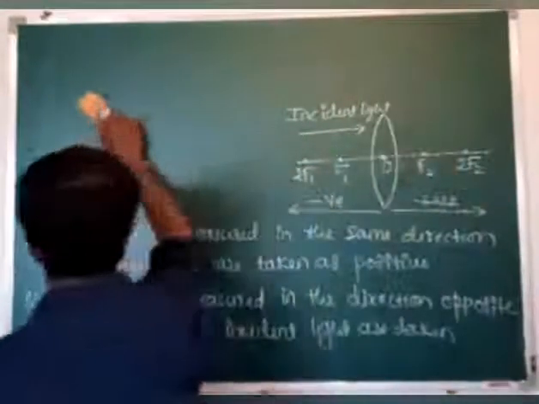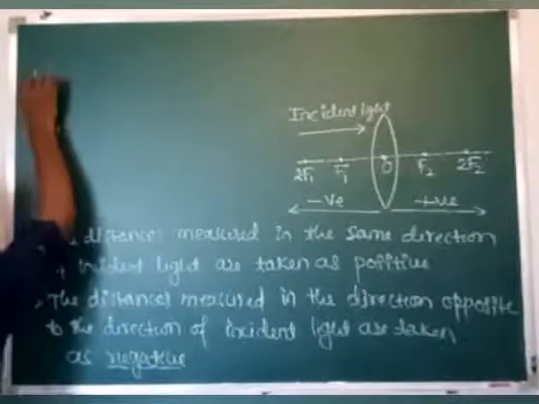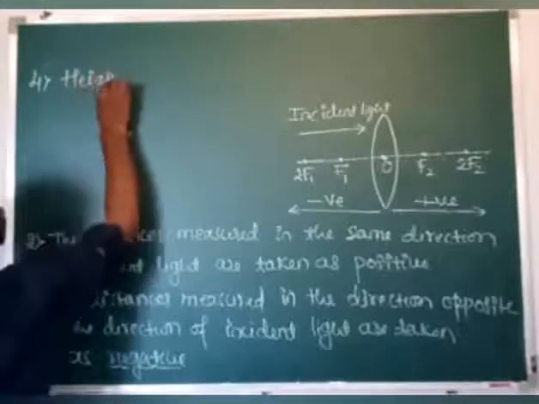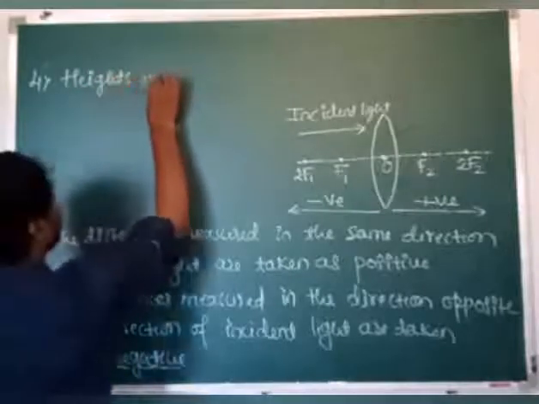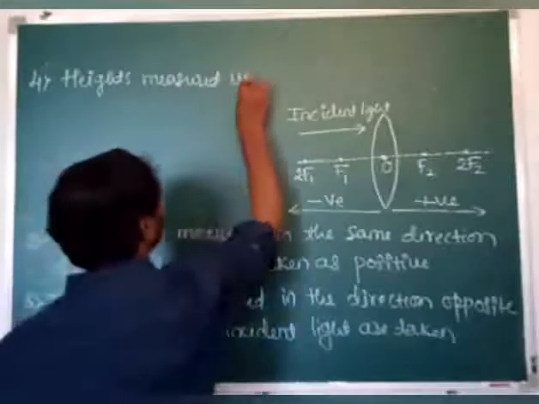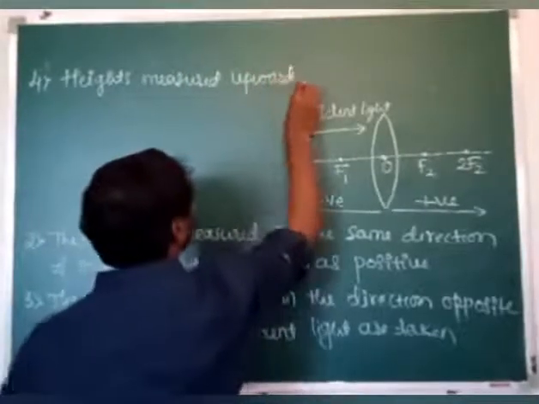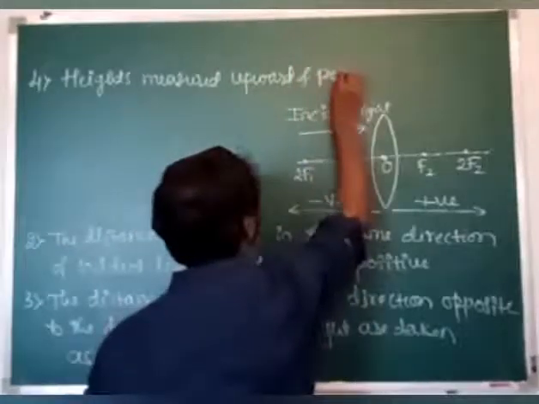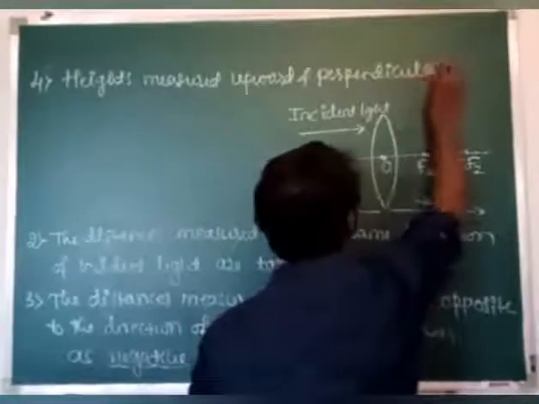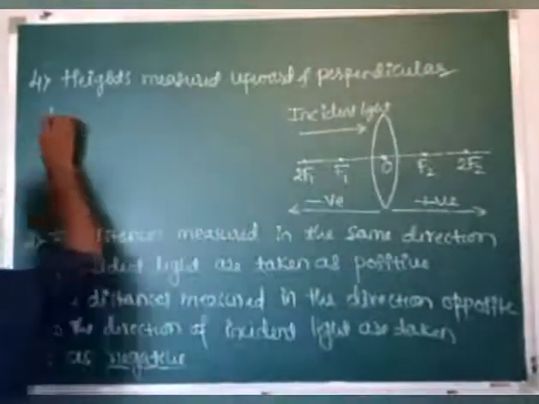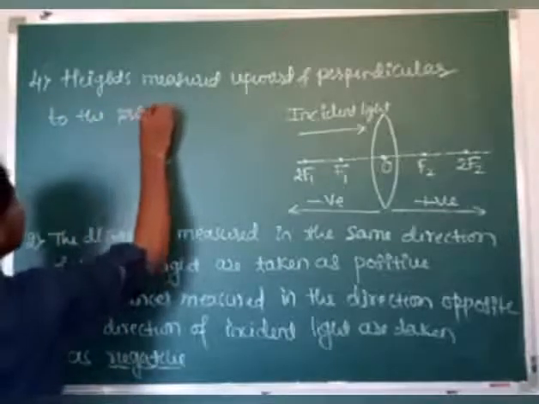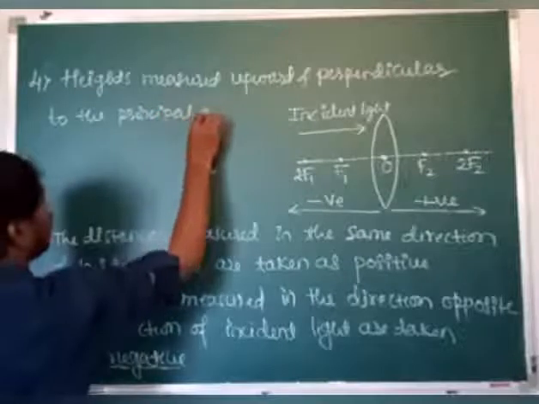Fourth sign convention: heights measured upward and perpendicular to the principal axis are taken as positive.